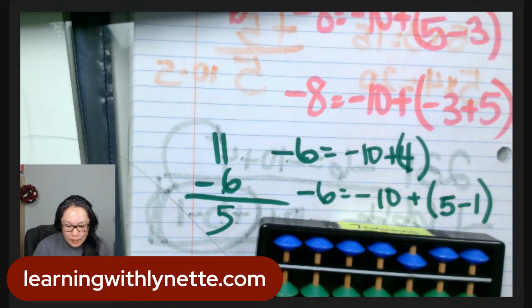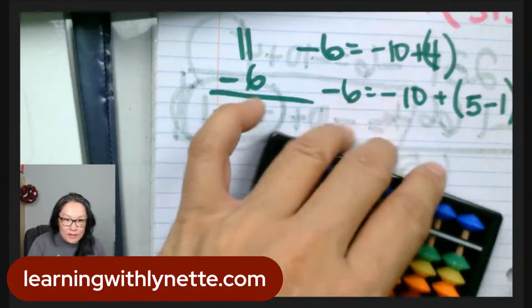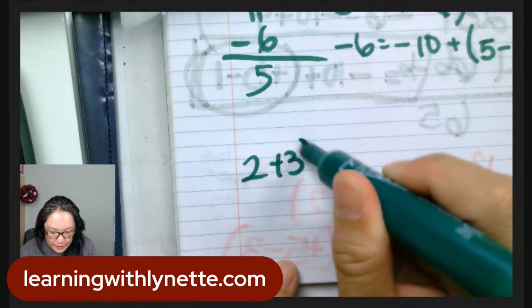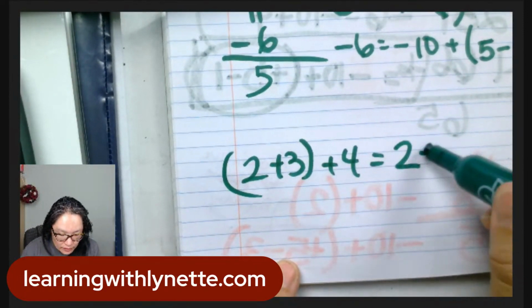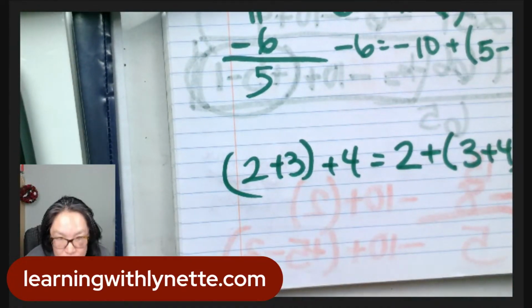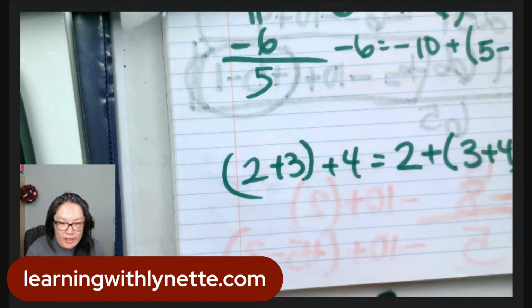Because associative property, it says here, is when you do 2 plus 3 equals 2, 3 plus 4. Sorry, I'm looking at this thing.